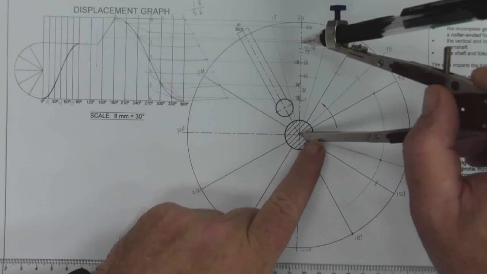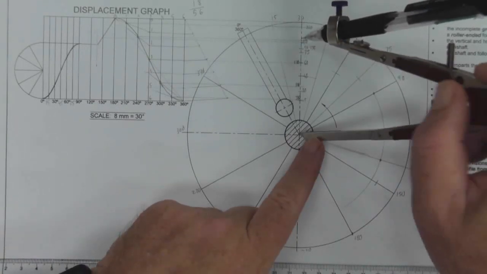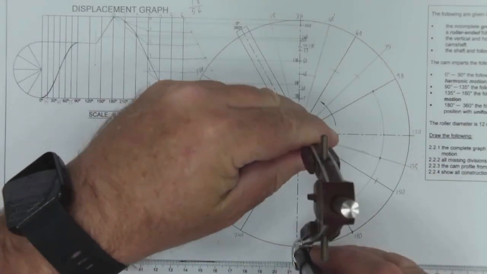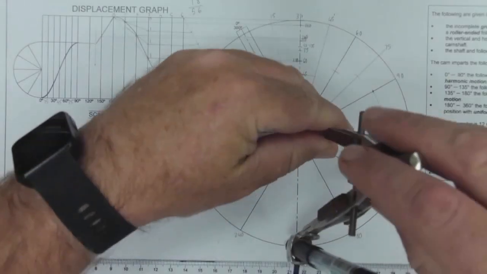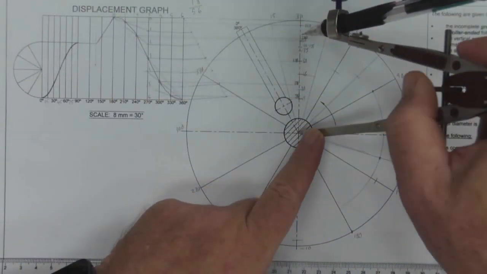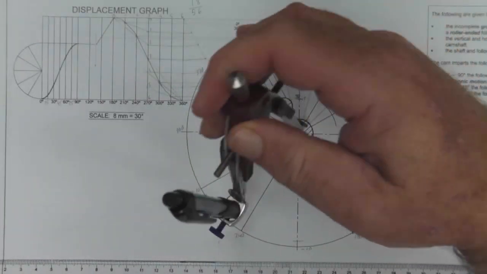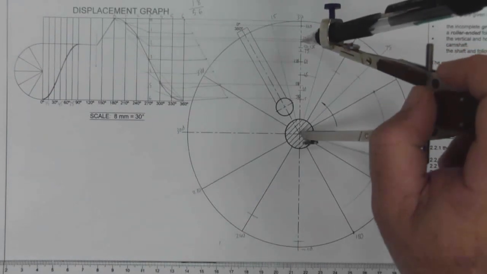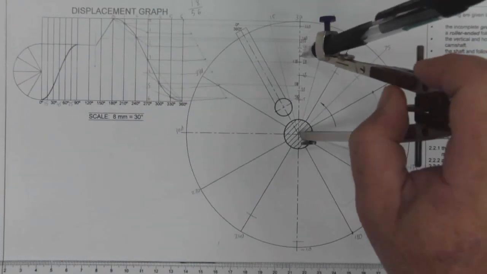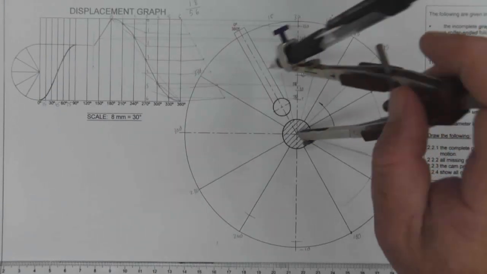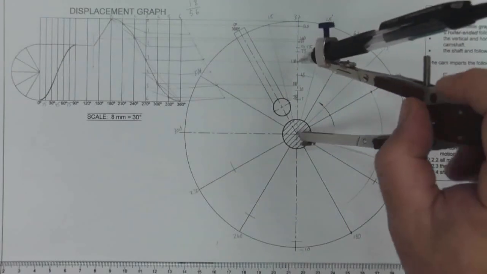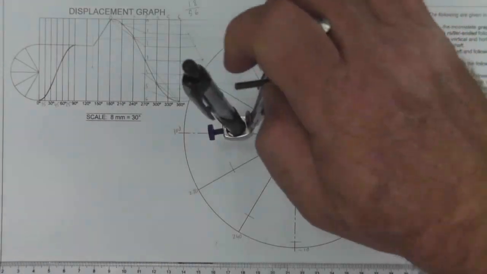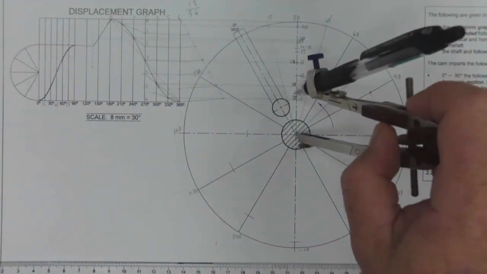Our next point is 210. 240. Here is 270. 300 I'm going to now. And 330.